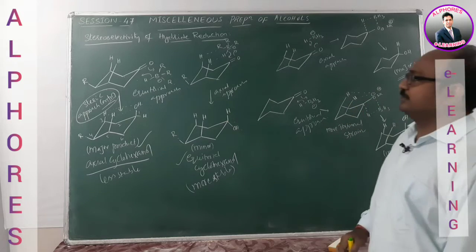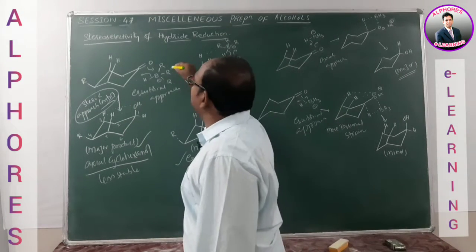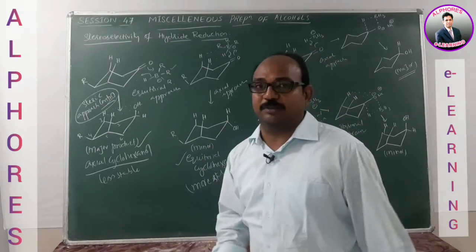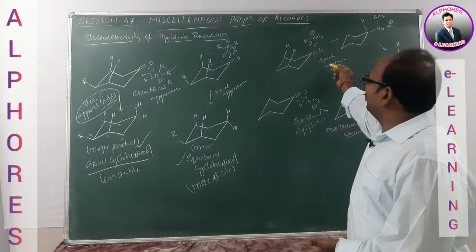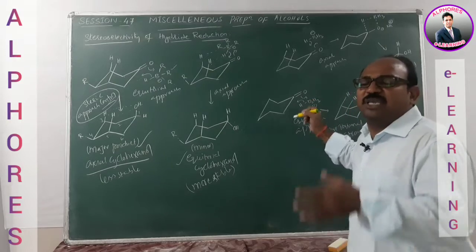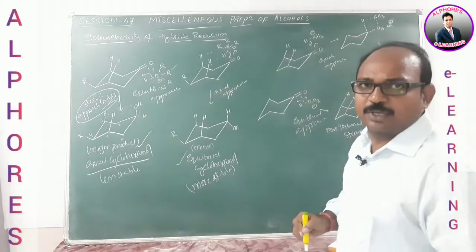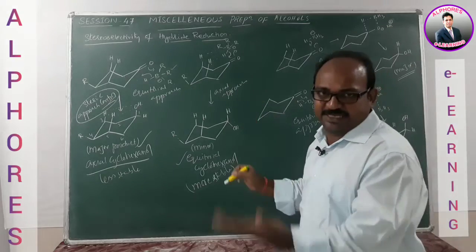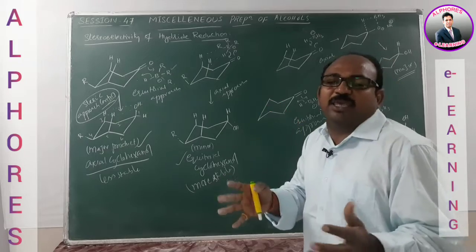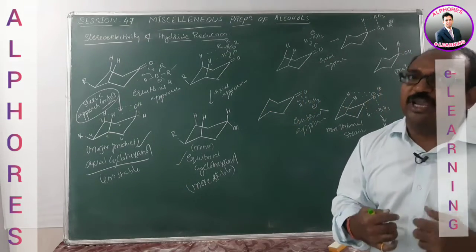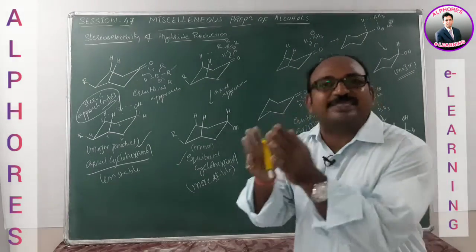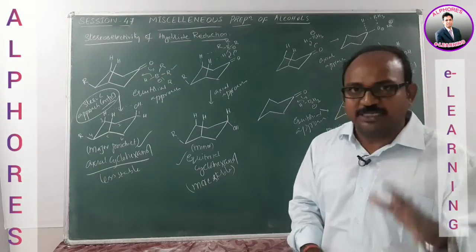Sir, there you mentioned equatorial is more preferred because the attacking reagent is more hindered. Here also equatorial is less hindered, so equatorial should be more preferred, no? You mentioned that equatorial is less hindered, axial is more hindered. Whether the attacking reagent is more bulky or less bulky, obviously it prefers to approach in a less hindered direction, isn't it?